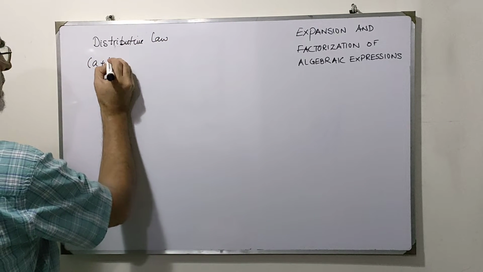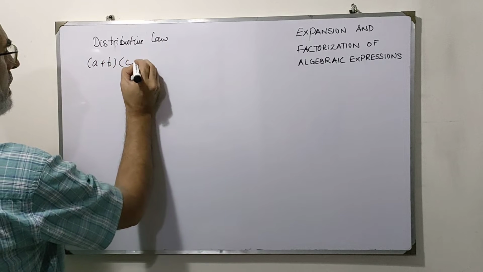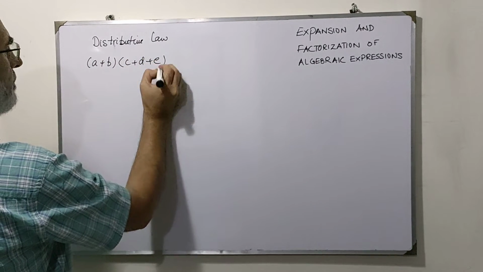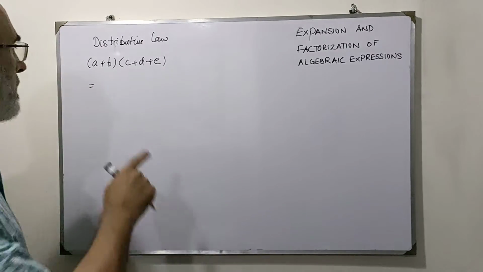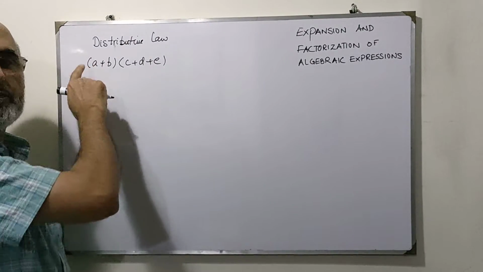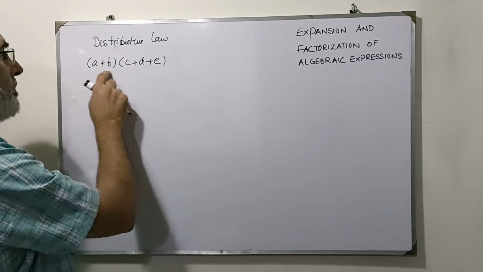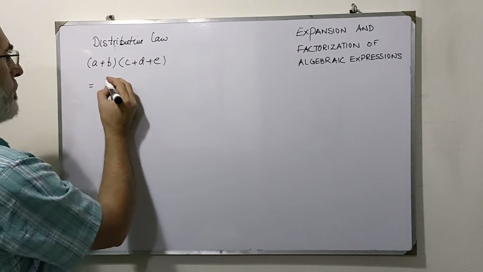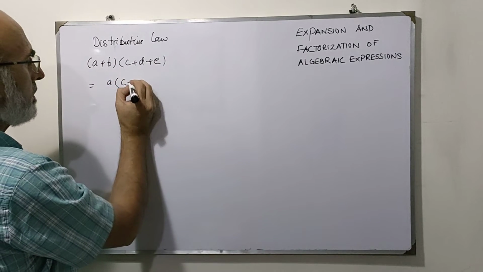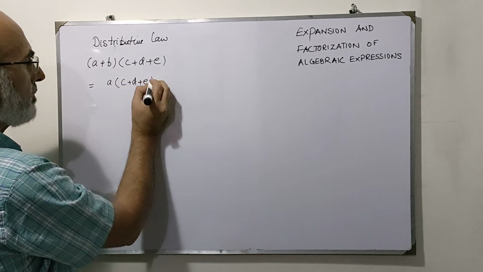So (A plus B) into (C plus D plus E). What we used to do in the distributive law is take the first term A into this term, so A into (C plus D plus E).